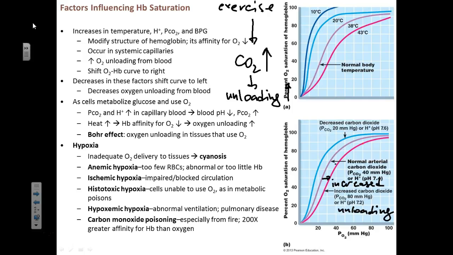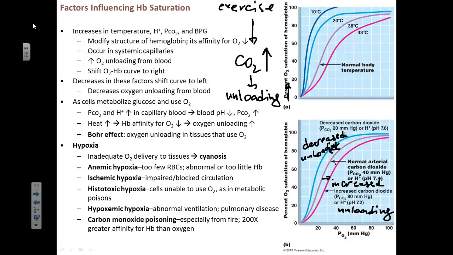When CO2 goes down or pH goes up, the curve shifts to the left. Decreased unloading. Does that make sense so far?